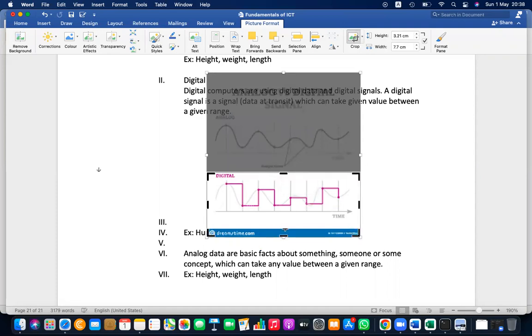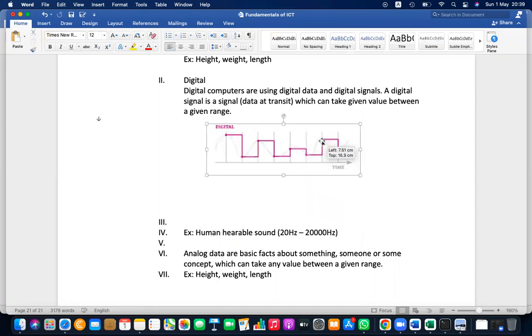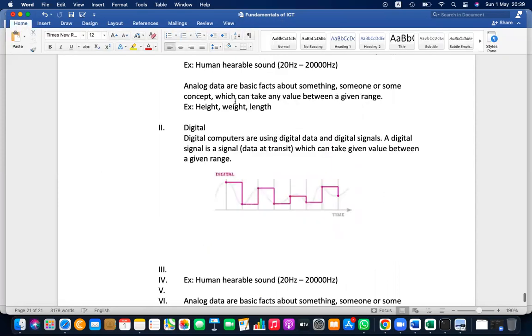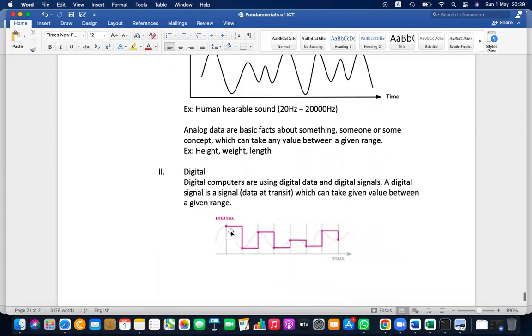Again, you have amplitude and time, but the values are like steps. Same amplitude and time, but no need to draw this ash color line. The silver color line shows the respective analog signal. Therefore, only draw the purple color line and the two axes.